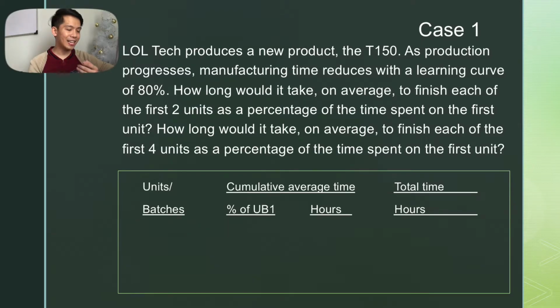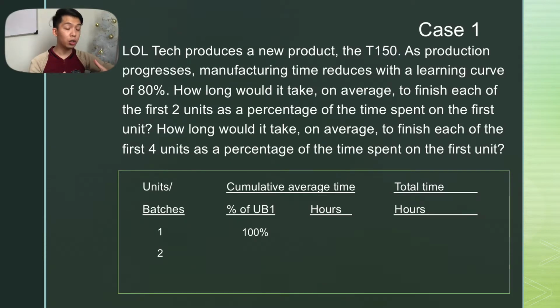So let us analyze it this way. When the first unit is produced, it will naturally consume 100% of the time it's spent on itself because it is itself. Now, if we are going to double production, according to the learning curve, cumulative average time will be reduced to a certain percentage of the time needed to finish the first unit.